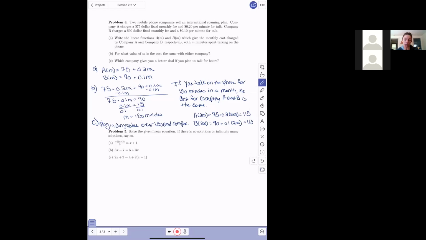So if I plan to talk for a very long time on the phone, these two graphs intersect at 150 minutes. So that means that whatever one is higher after that is going to cost more. So I would go with company B.